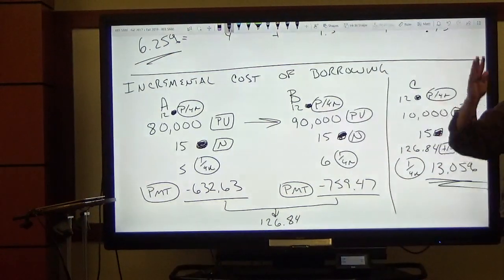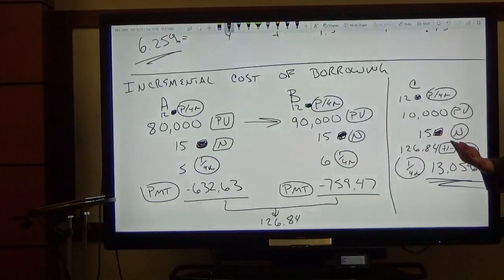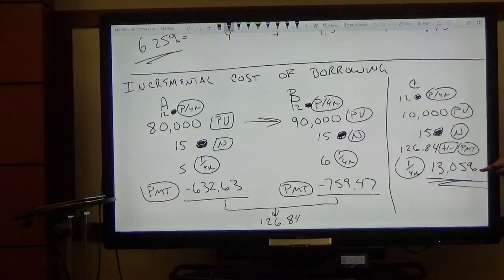You're saying, okay, that's great, that's only an extra percent for that extra amount. No, the reality is they're charging you 13% on that $10,000 difference. Whereas you could probably find a third-party lender that would give you the $10,000 at a much lower interest rate than 13%. Does that make sense?